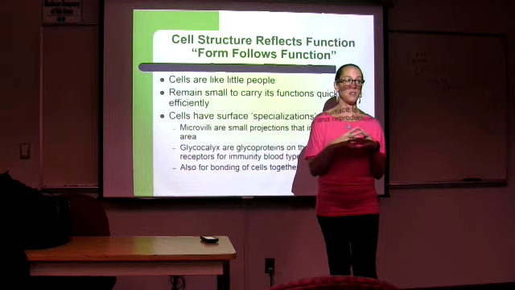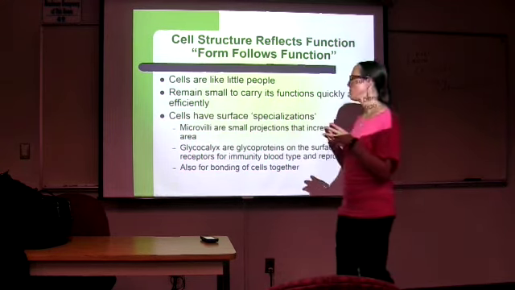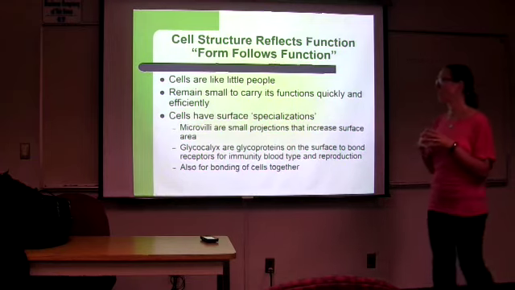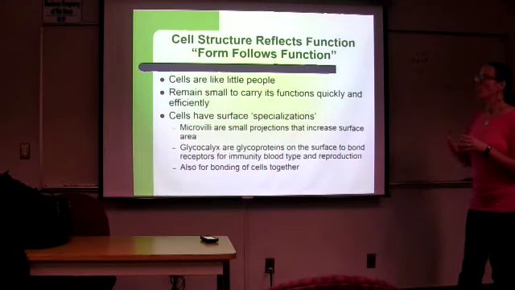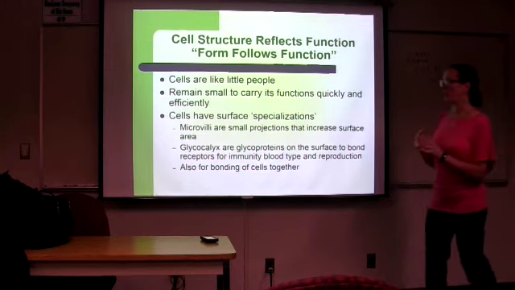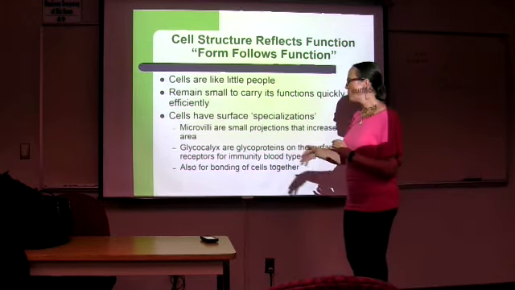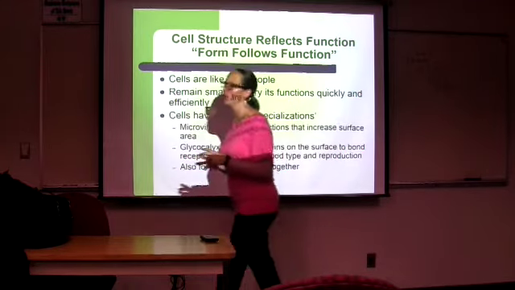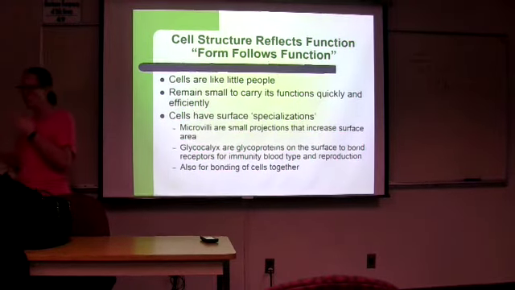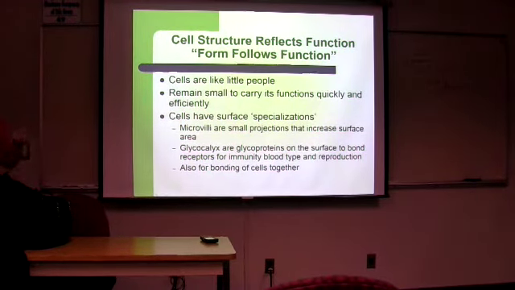And that's how they can survive. Okay. We also use these surface specializations for bonding of cells together. I'm not going to get too much into that, but those I want you to know. And cilia, I know, are a little further in the notes, but you can pop cilia down there just so you remember hair-like structures.